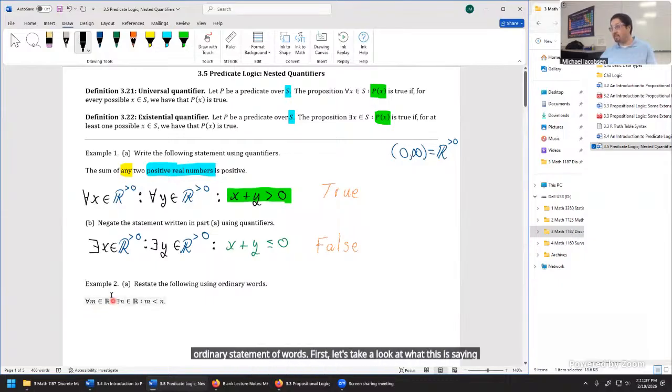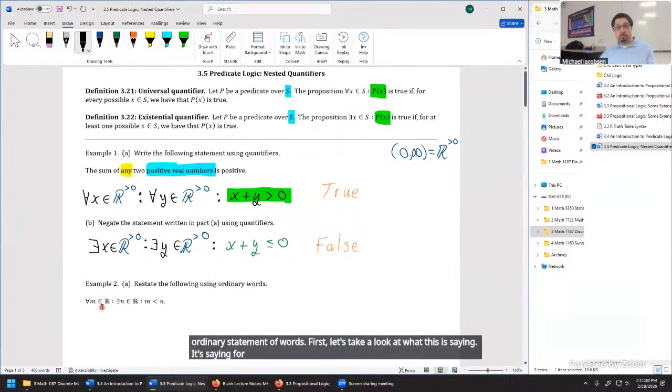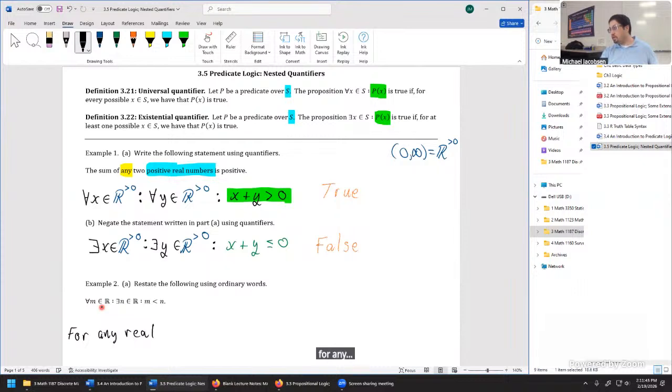It's saying for all real numbers m, let's start there. For any real number, you can mention m if you like. I'll just go with for any real number.